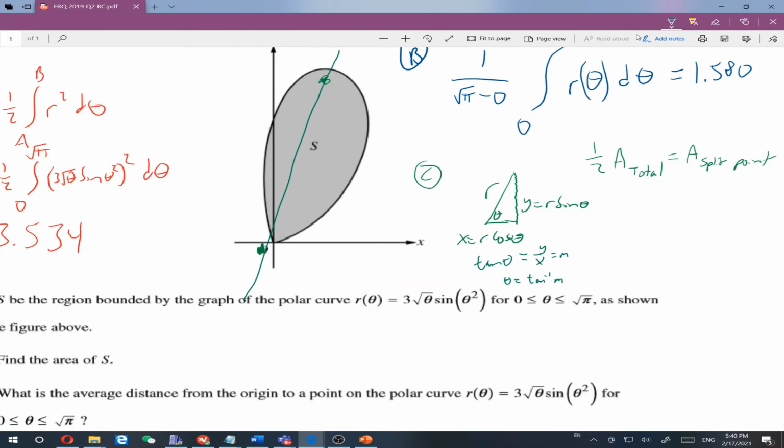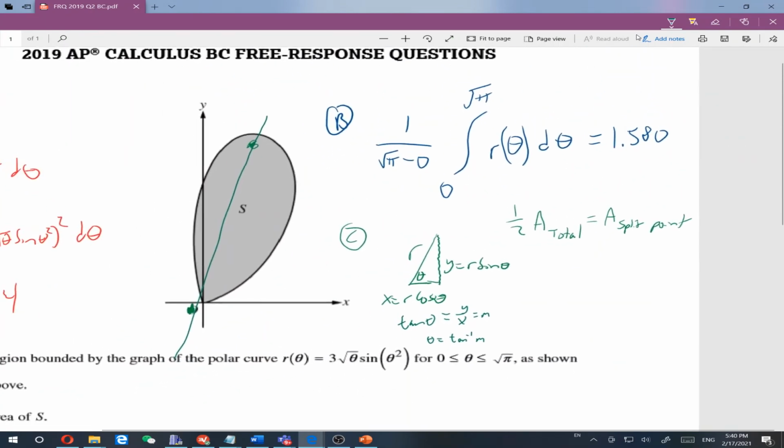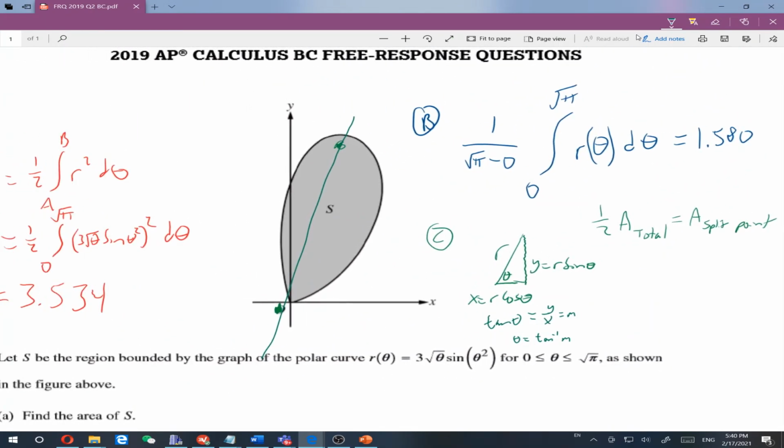And we'll set up our equation. I want 1/2 of the total area to be equal to the area of the split point. What's the equation for our total area? 1/2 times the integral from 0 to square root of pi of (3 times square root theta sine theta squared) squared d theta, r squared d theta.